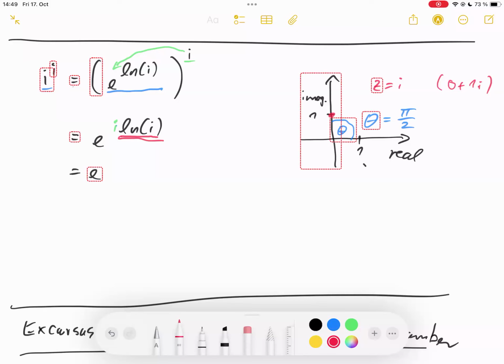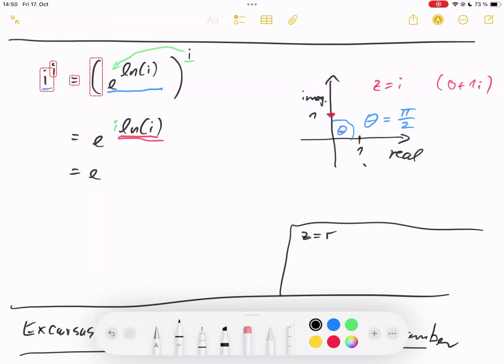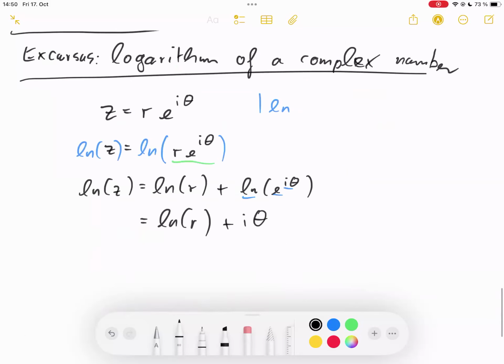Remember from before, what we did in the excursus, I'll just write it here. If z was r times e to the power of i times theta, we saw that the ln of z is ln of r plus i times theta. Just what we did down here, step by step.